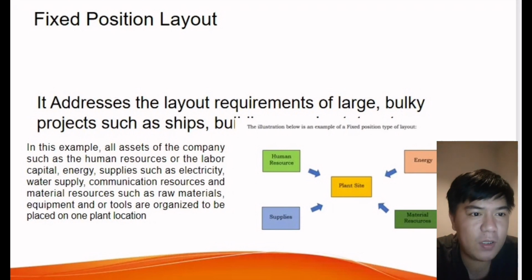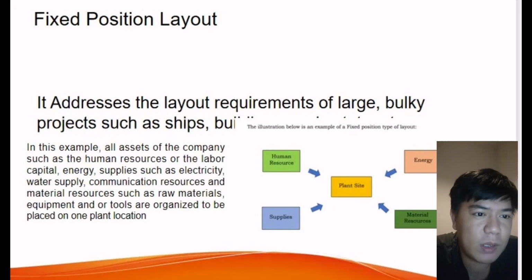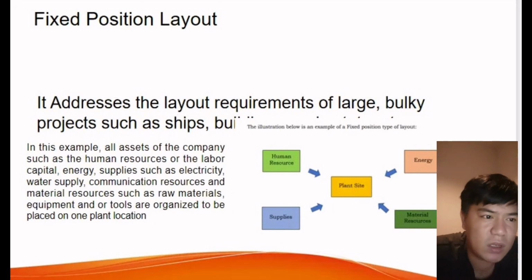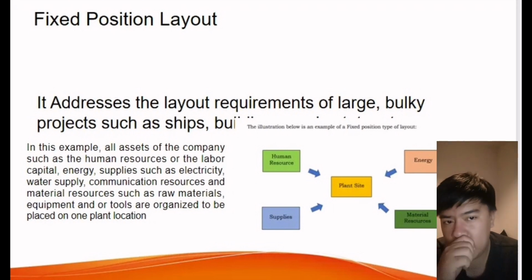In this example, all assets of the company match as the human resources of labor, capital, energy. Supplies such as electricity, water supply, communication resources, and material resources such as raw materials, equipment, or tools are organized to be placed on one plant location.